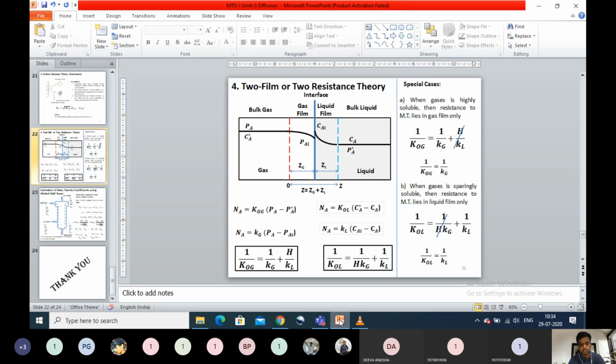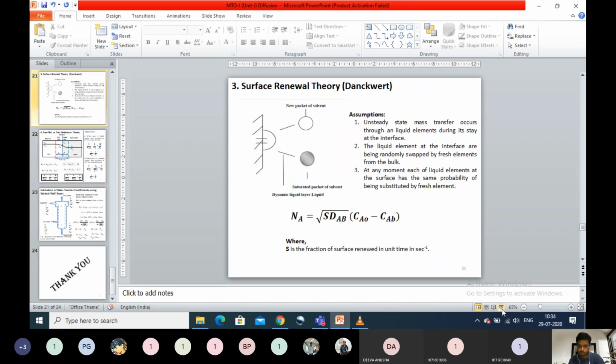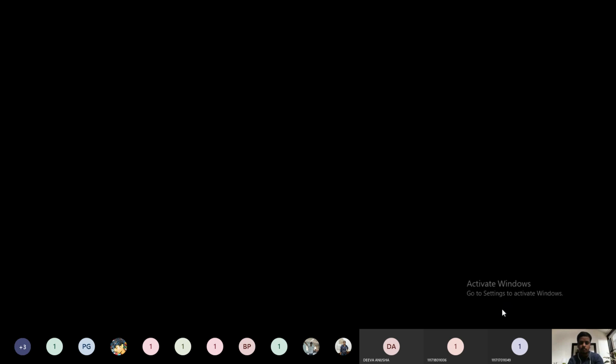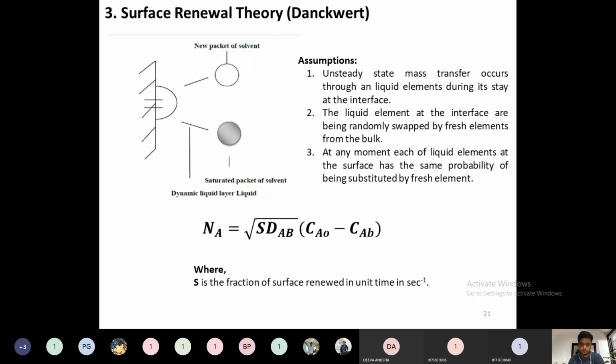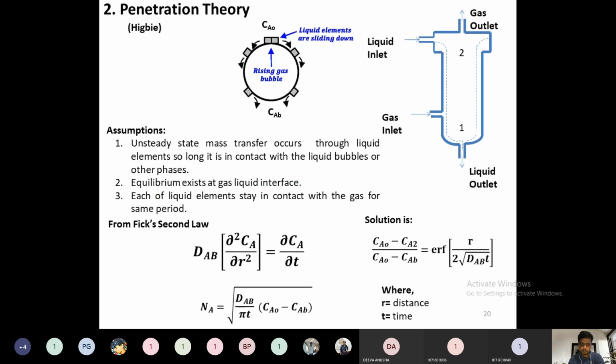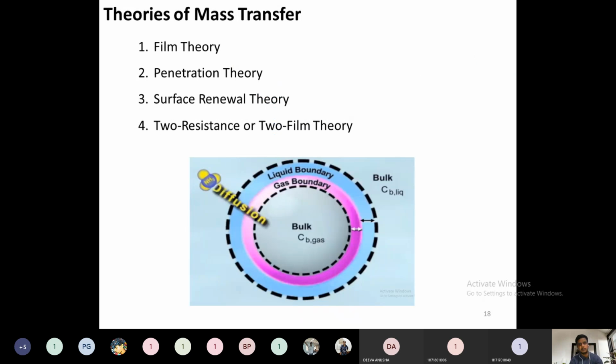I already gave one example for this: NH3 being transferred from the gas phase to liquid water. We already showed the video, and from the same video I have taken this picture.